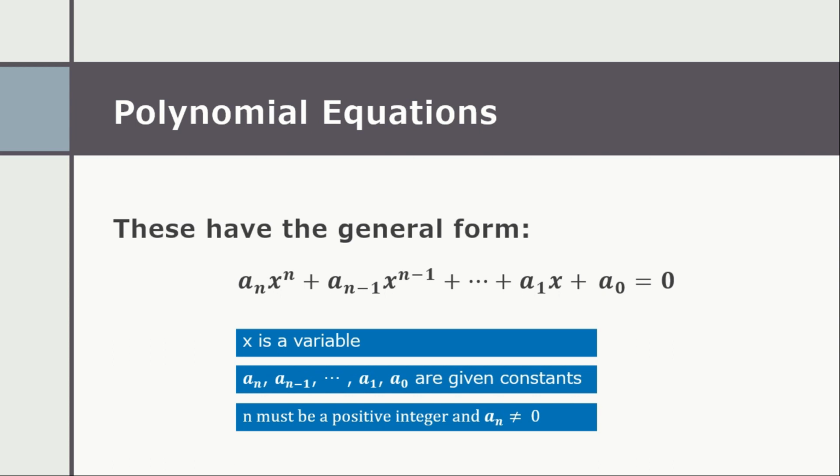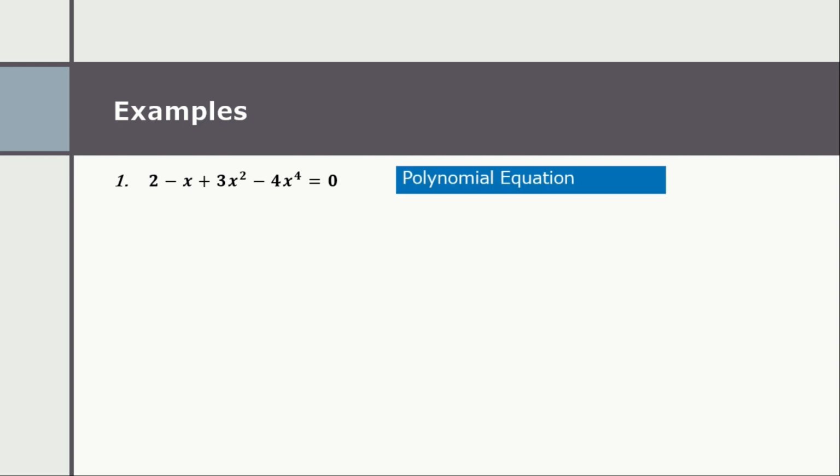It's easiest to understand what makes something a polynomial equation by looking at examples. Example number 1. 2 minus x plus 3x raised to 2 minus 4x raised to 4 equals 0. This one is an example of a polynomial equation.